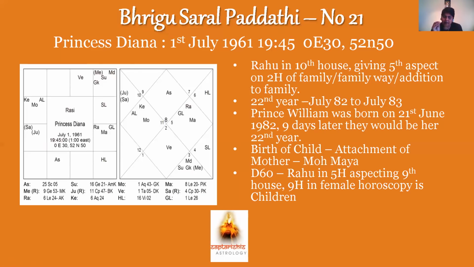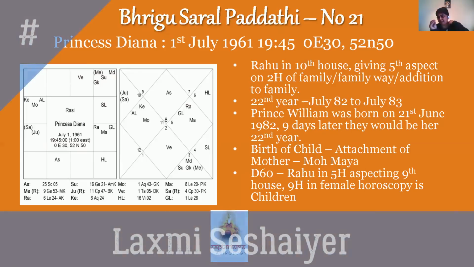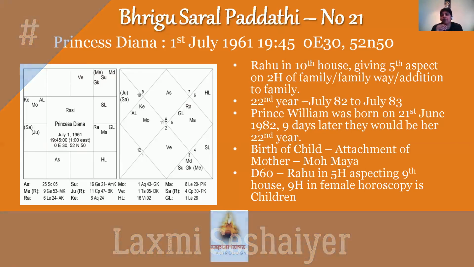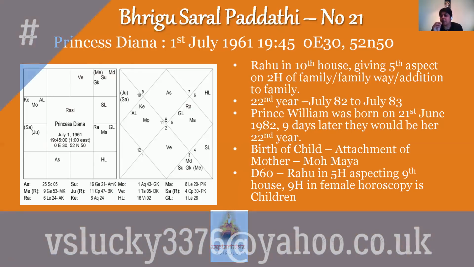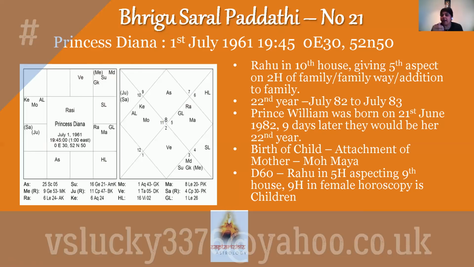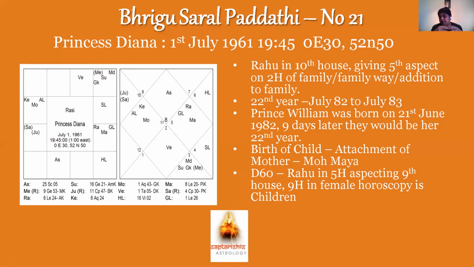The birth of a child for any mother is the deepest desire, the moha maya, the attachment. So there was an addition to her family. Prince William was born, and the family got a prince.